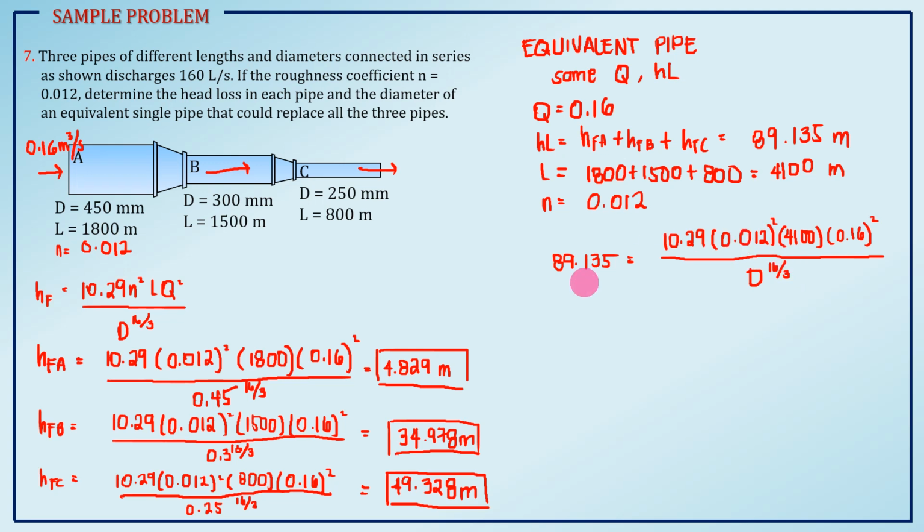Ayan, so you can simplify this to solve the diameter. Now, solving for the diameter, it is equal to 0.304 meters or in millimeter, kasi diameters are usually written in millimeters. So, ito ay 303.969 millimeter. So, this would be our answer for the diameter that is unknown.